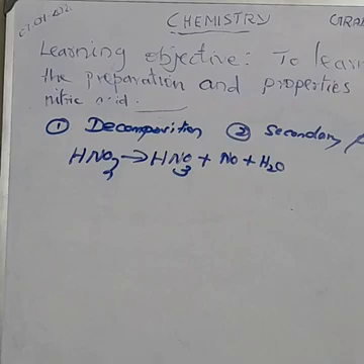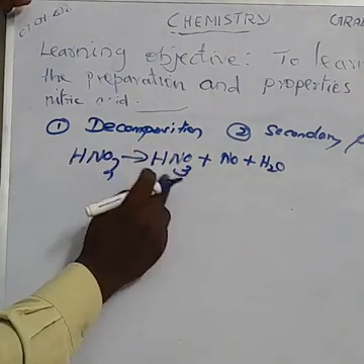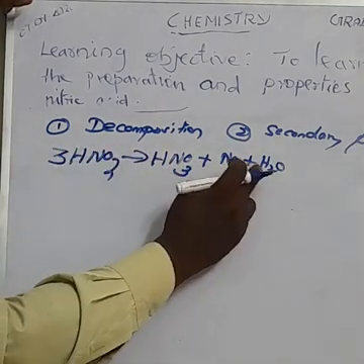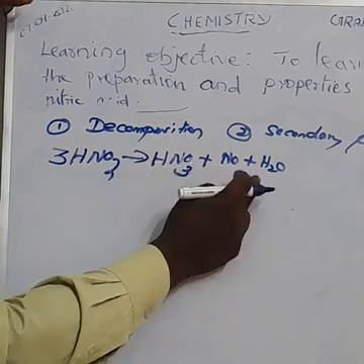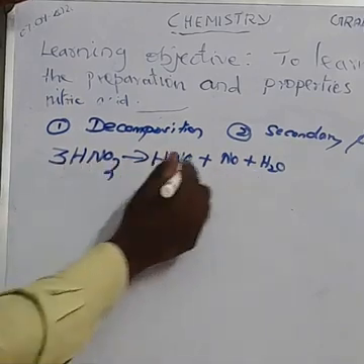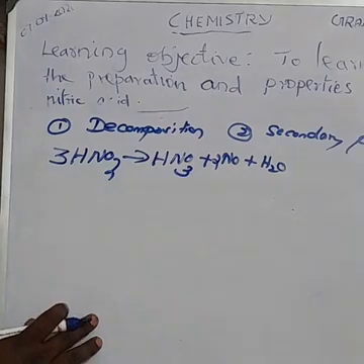How can you balance the equation? You make it 3 here, so hydrogen is balanced. Am I right? About the nitrogen, having 3, make it 2 here. Now the equation is balanced.